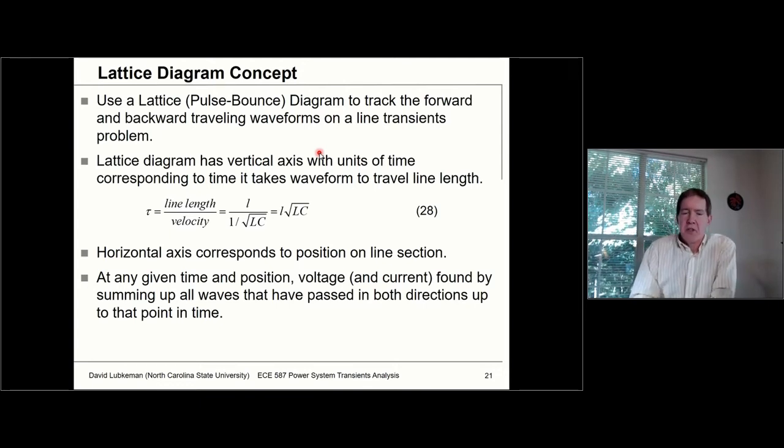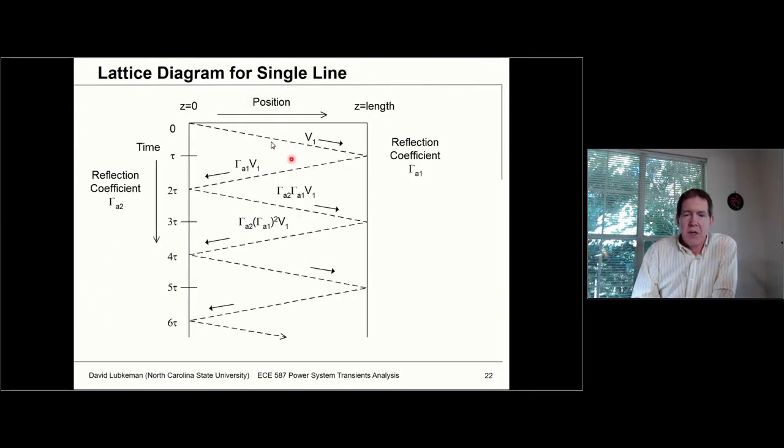So in the lattice diagram, we're going to have a diagram where position along the line is horizontal, right? So this is the beginning of the line, this would be the end of the line. So if I have a line of a certain length, I can track what's going on during the entire length of that line. Time is put on a vertical axis going down.